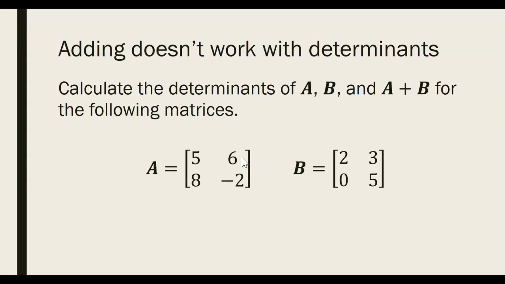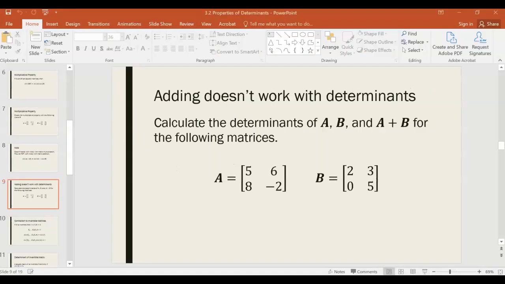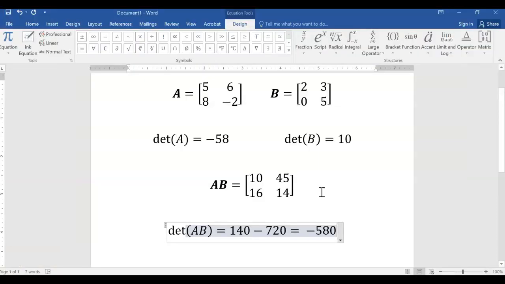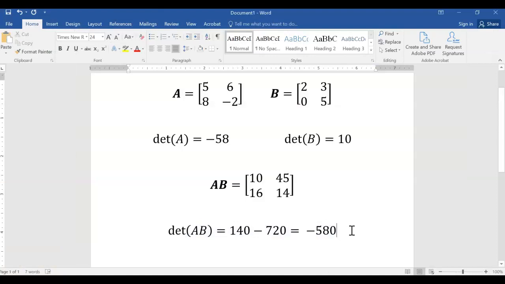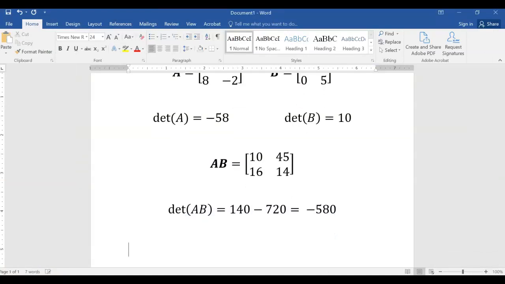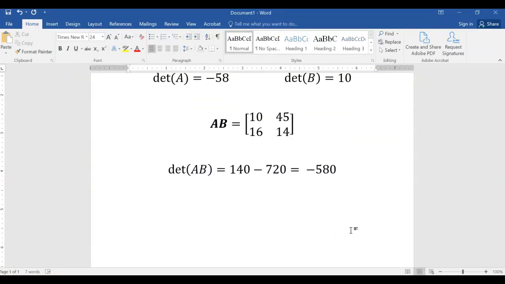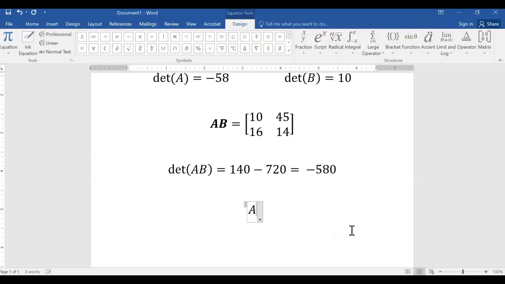By the way, we've already calculated that this has determinant negative 58. This has determinant of 10. If you added these two matrices up, let's go ahead and do that. In other words, if you did A plus B, what you're going to get is a 2 by 2 matrix.